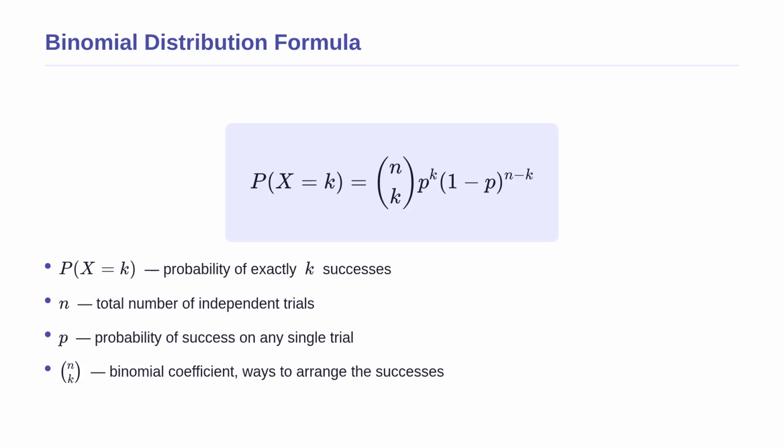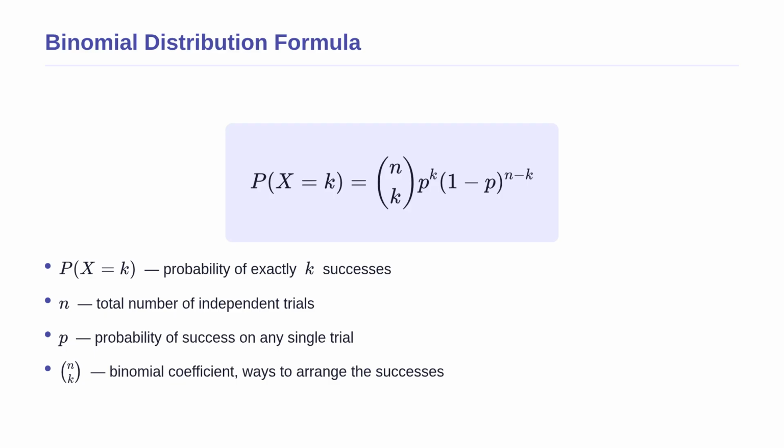This concept leads us directly to its mathematical form. Let us break down this beautiful formula piece by piece. The symbol P of x equals k represents the probability of getting exactly k successes. The letter n stands for the total number of trials we are running, while p is the probability of success on any single trial.